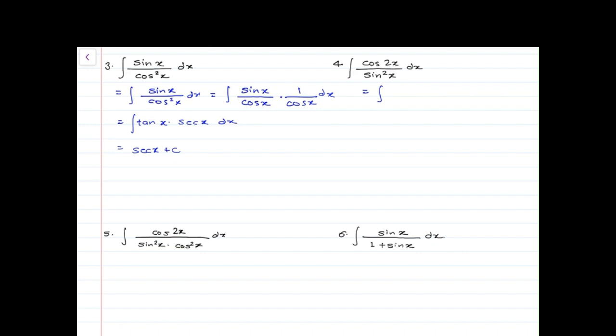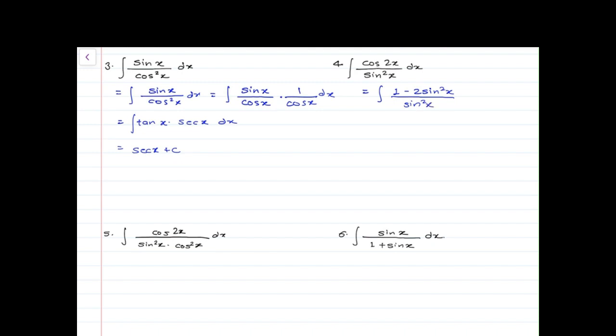It's cos 2x divided by sine square x. Now I hope you all remember the formula for cos 2x in terms of sine. Why am I taking in terms of sine? So we will see cos 2x can be written as 1 minus 2 sine square x, and in the denominator we have sine square x.